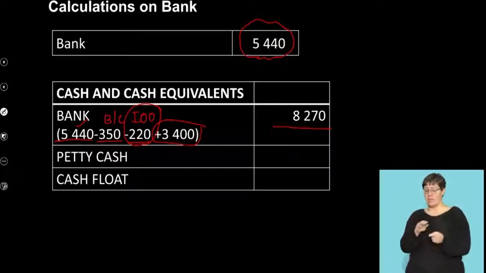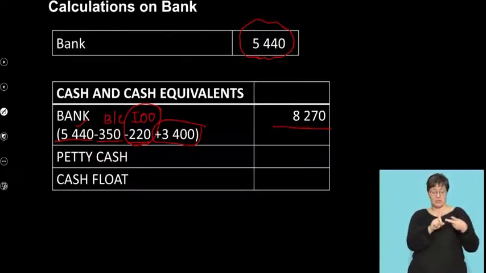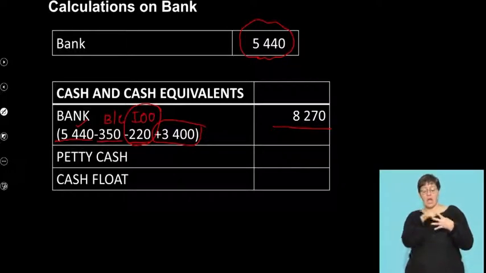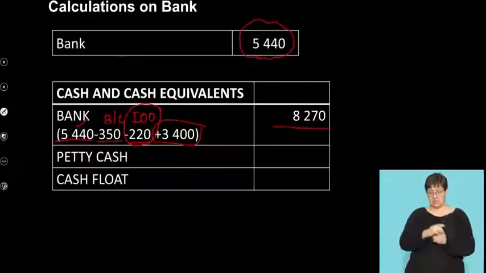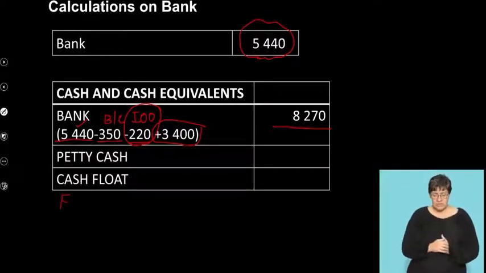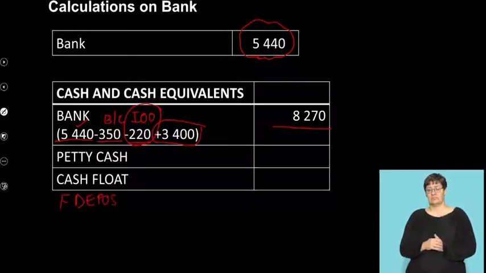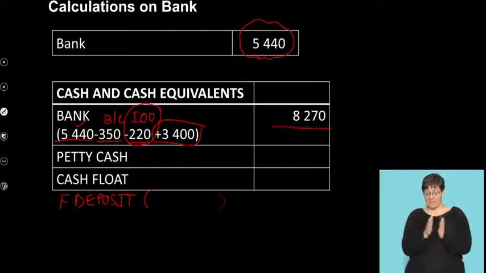Okay. What else goes into this note, namely your cash and cash equivalents? It will be your bank, which you've seen there, plus your petty cash, plus your cash float, and another very important figure is what? The fixed deposit. Which one? The fixed deposit. The one maturing within 12 months.